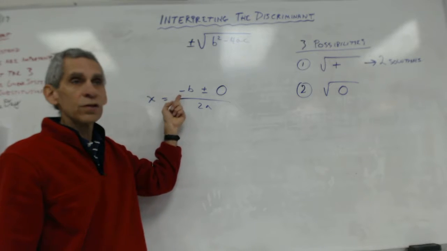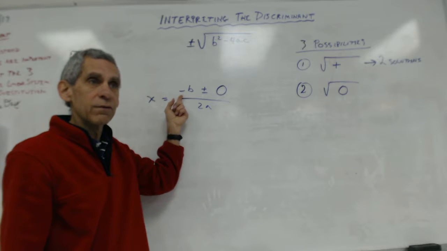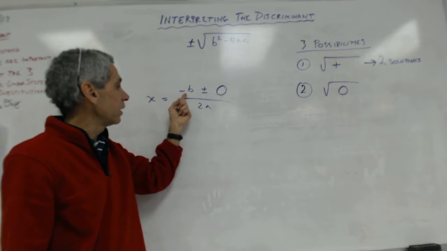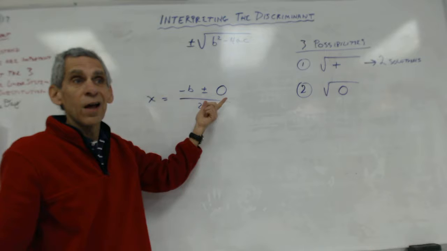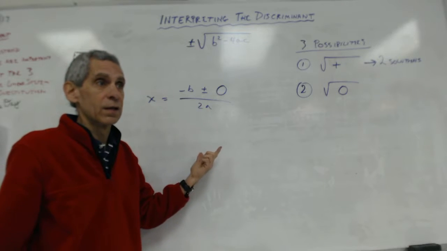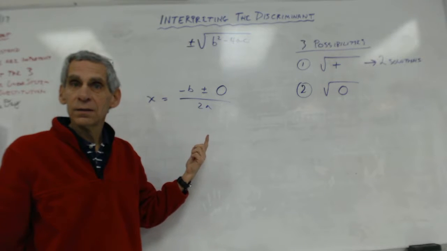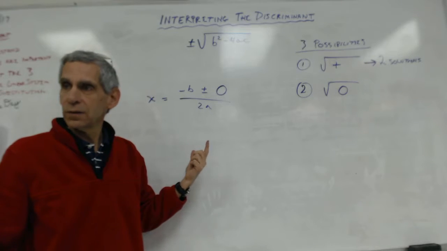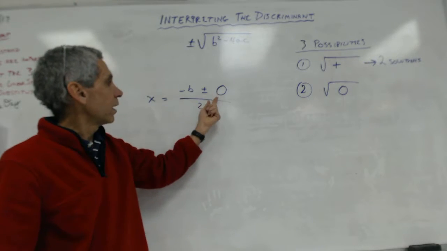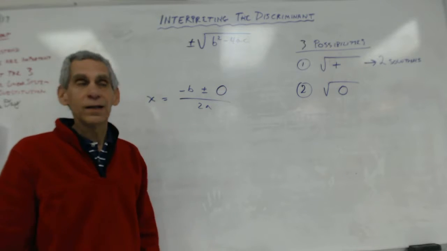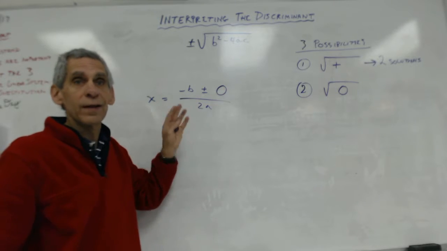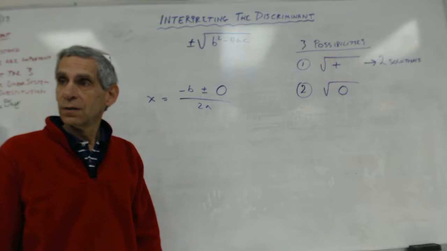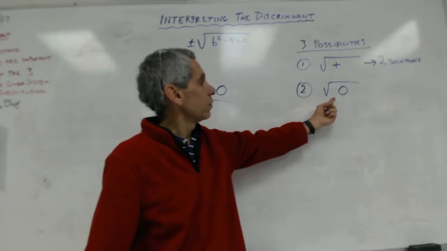You have negative b over 2a plus nothing or minus nothing. Is that going to change anything? I'm not adding anything or subtracting anything from it. So it's just negative b over 2a when the discriminant is 0. Does that make sense?